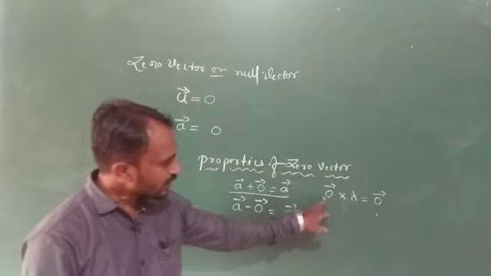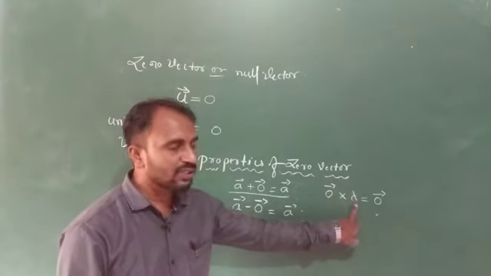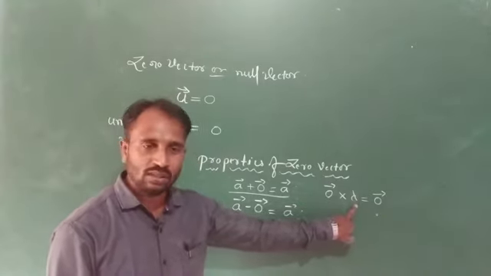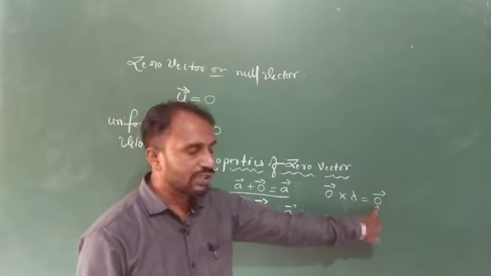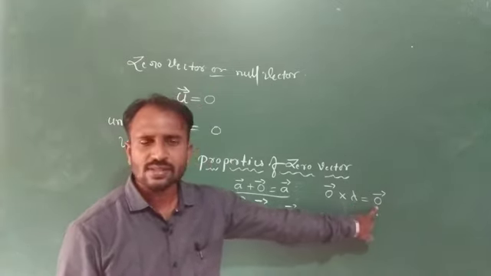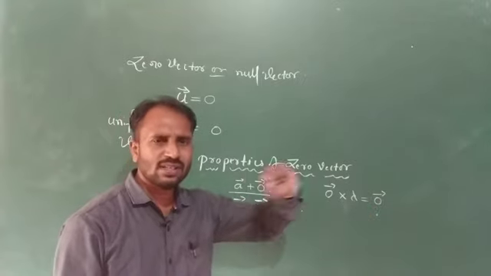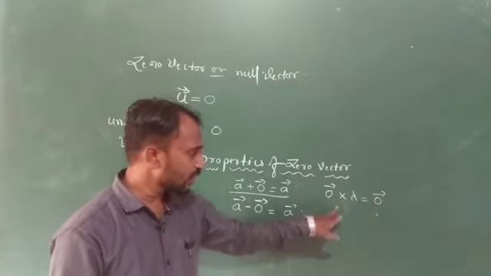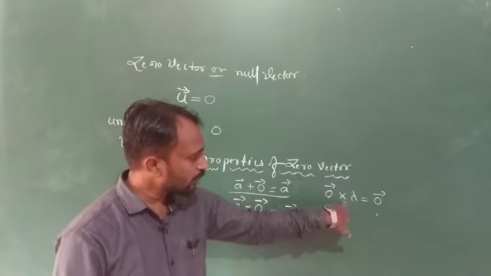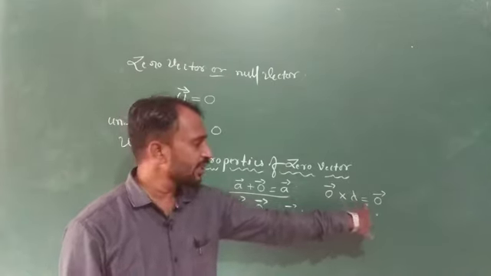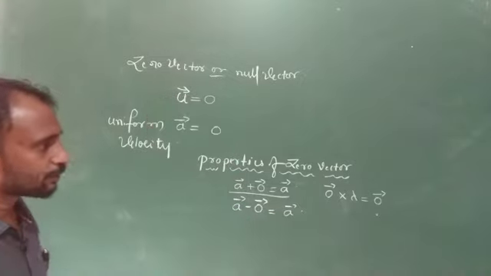Zero into anything is generally 0, but here we consider it a null vector.